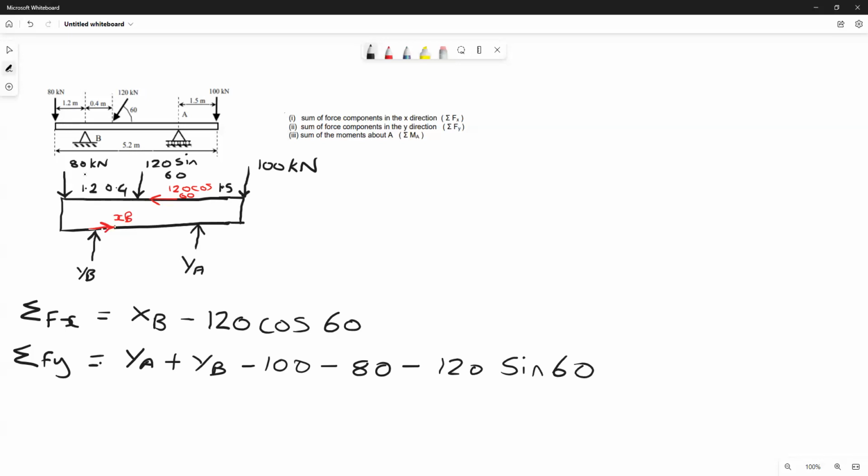We then can proceed by working out the relevant equation for the moment. So when we remove the support, point A would be about there.